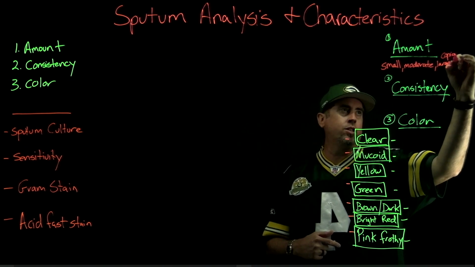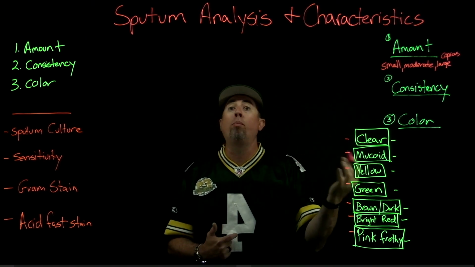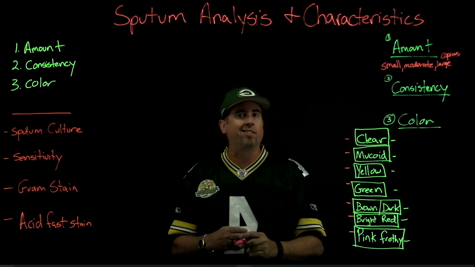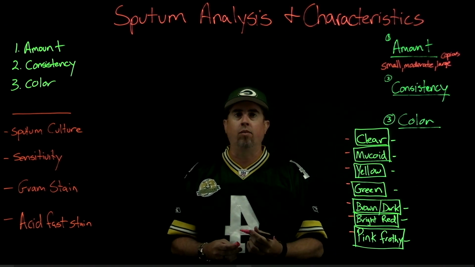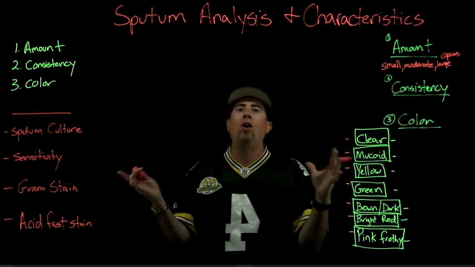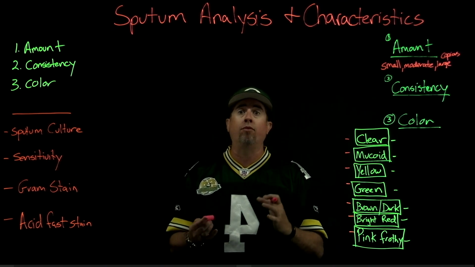I think of this as copies upon copies, reproducing the same thing over and over and over. It's there, it's not going away, it just keeps coming back. Small, moderate, large: you're talking about the amount of sputum that you got from the patient.